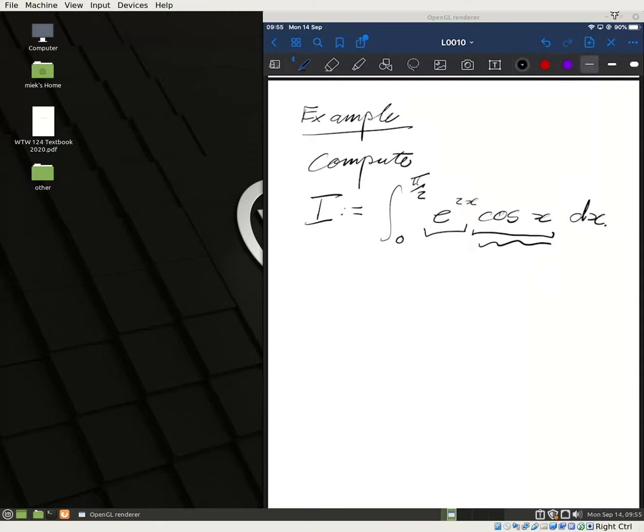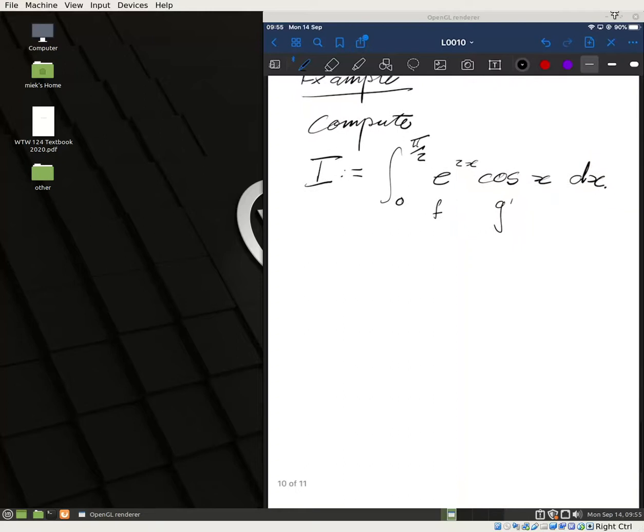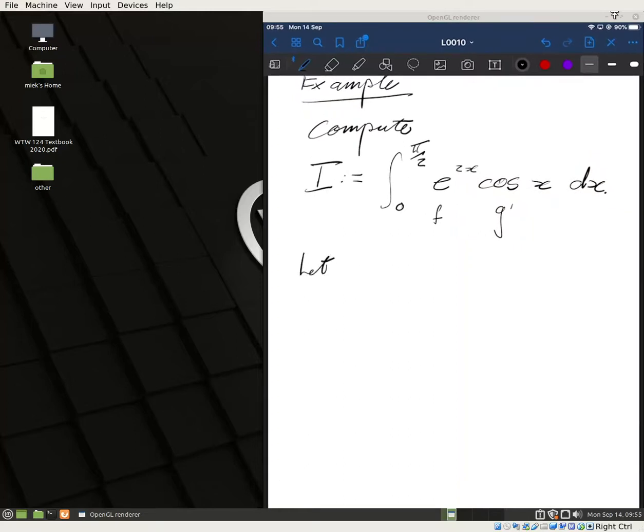Okay, so we are going to call this g prime and that f, and we're going to pass the derivative to g prime. So let f of x be defined as e to the 2x, and g prime of x be defined as the cosine of x.